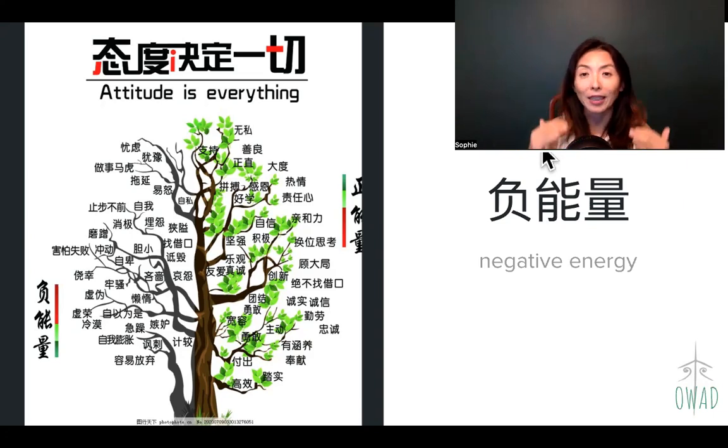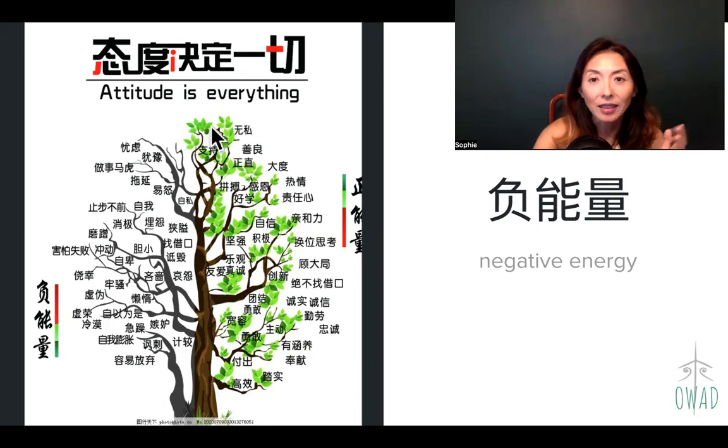Something is weighing you down and it's not adding to your life, but instead it's reducing something from you. That's considered negative energy. So I guess this is from Western research, and then Chinese adopted this, and in response to such a concept, translated it as 负能量, negative energy.